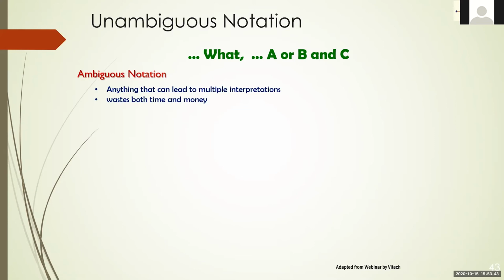So one example may be that I meant A or B and C. Can you see it in the chat? Can someone come up with a different interpretation? Can you put it in the chat?